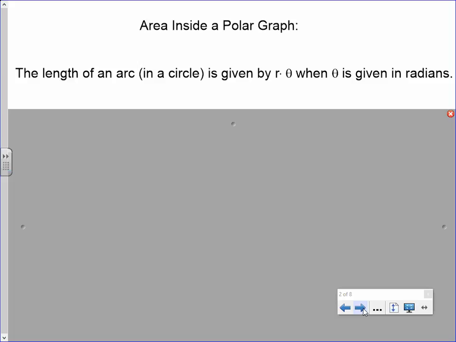That is something that you learned when you first learned about radians in geometry.